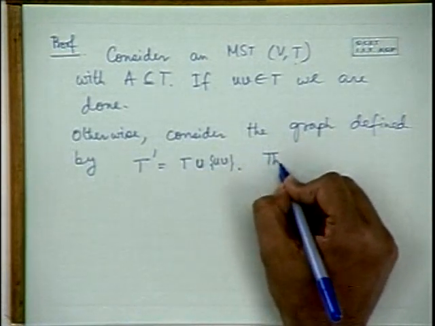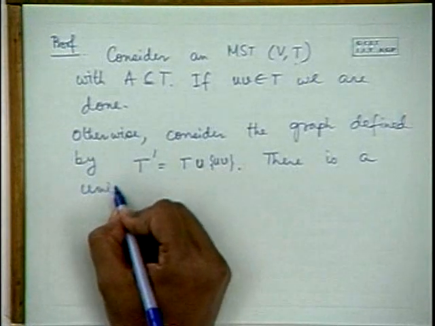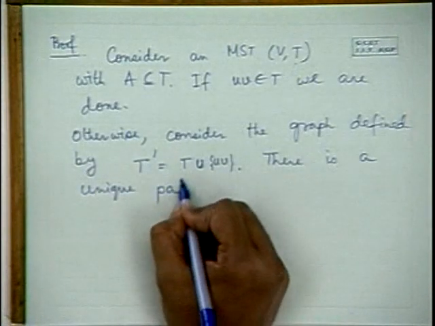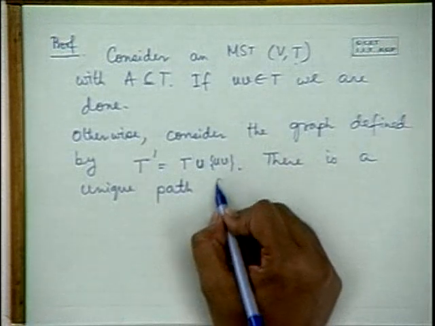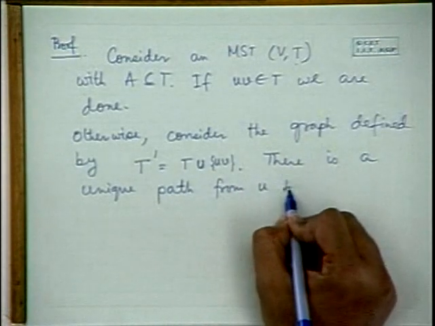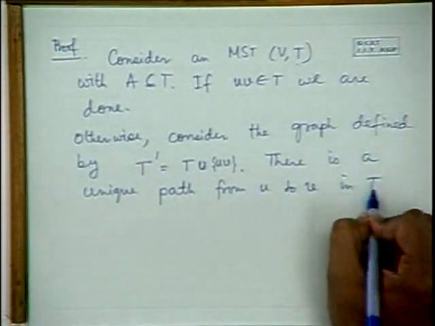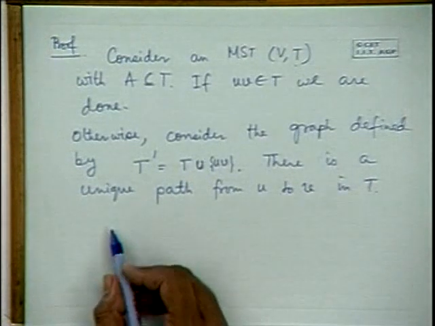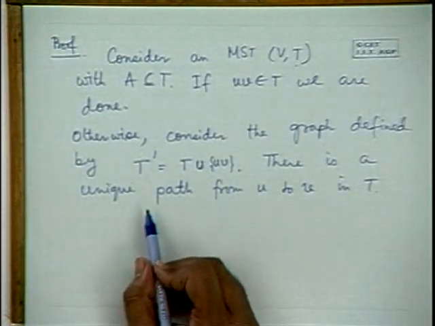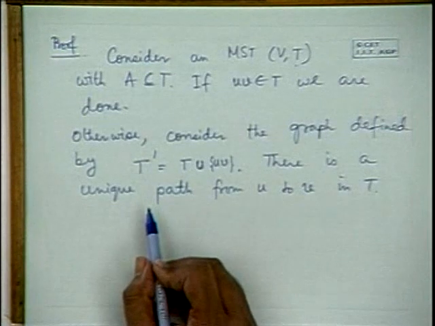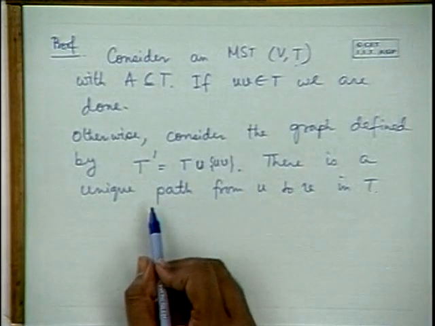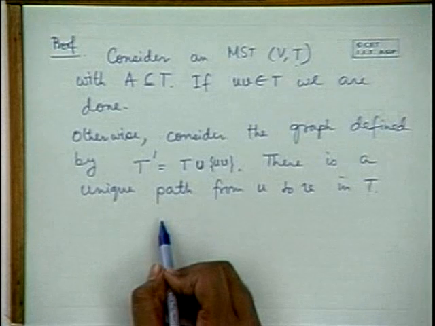Now there is a unique path from U to V in T. If you remember, in the spanning tree T, from any vertex to any vertex there is a unique path.